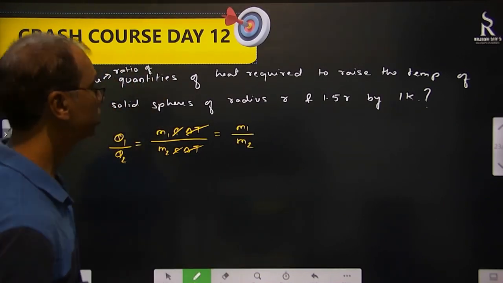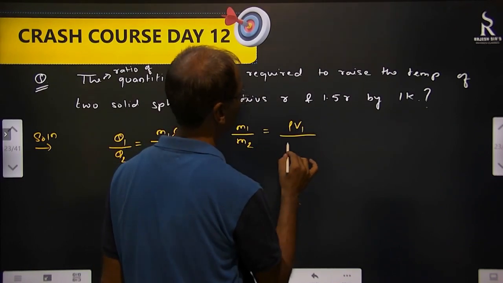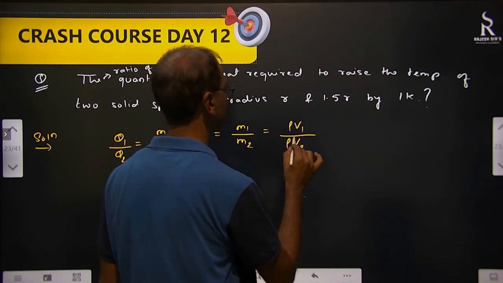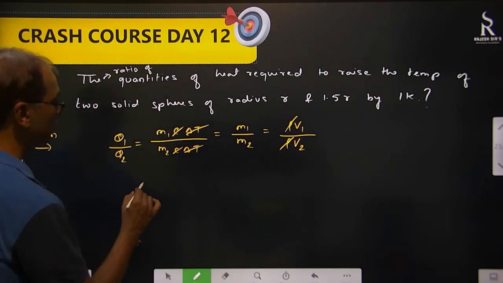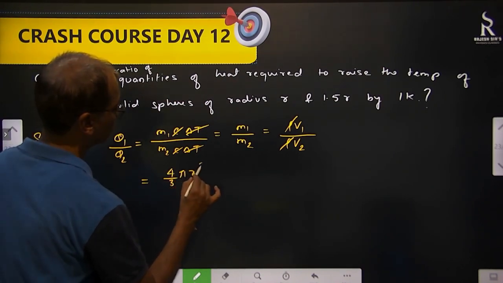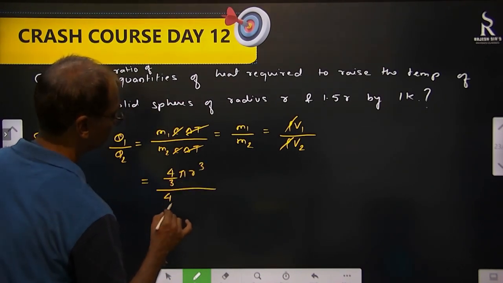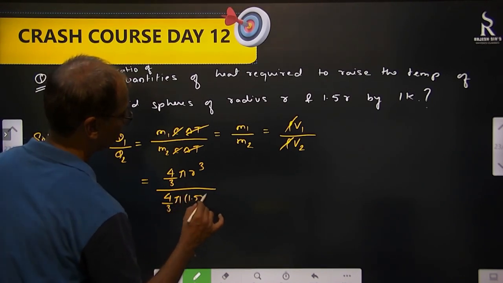Now, M1 and M2 is what? What is M1? Density into volume. If they are same material, then density also same. So, that is now V1 by V2. So, V1 is 4 by 3 pi r cube, and this is 4 by 3 pi 1.5 r cube.